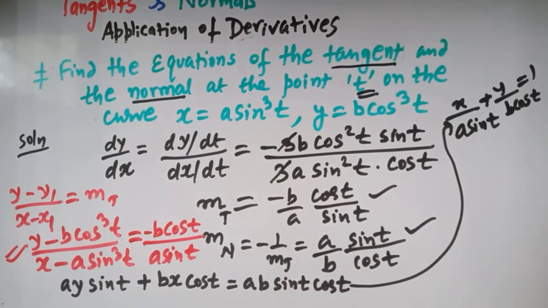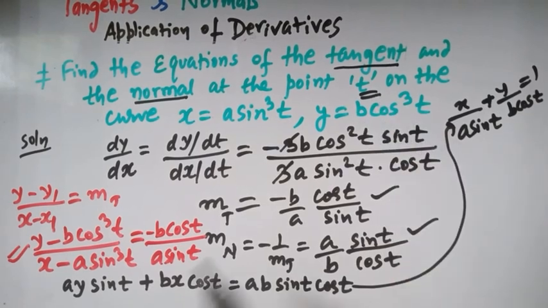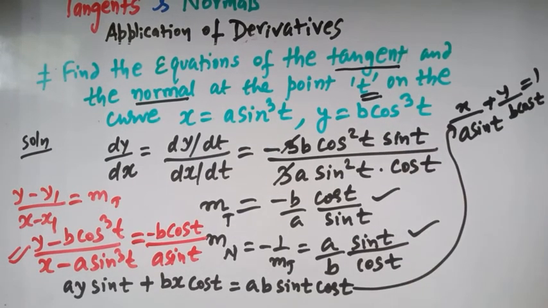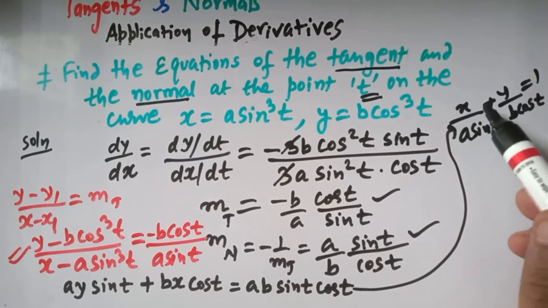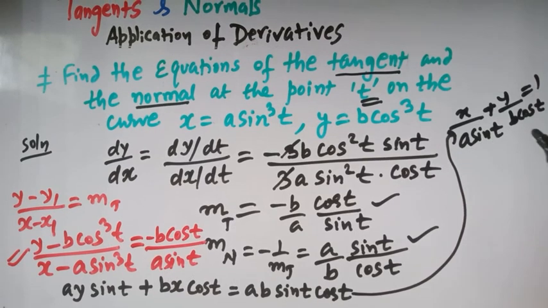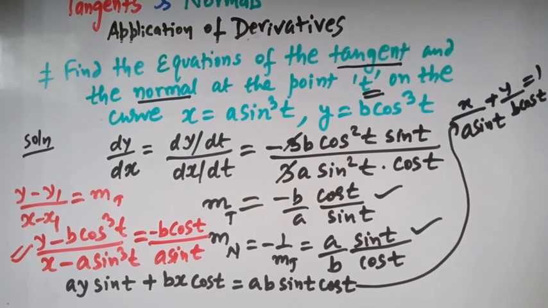So the equation of the tangent is ay sin t plus bx cos t equal to ab sin t cos t, or this can be simplified as x over (a sin t) plus y over (b cos t) equal to 1. Okay, now let us find the equation for normal.